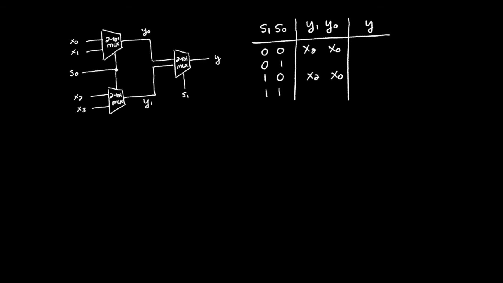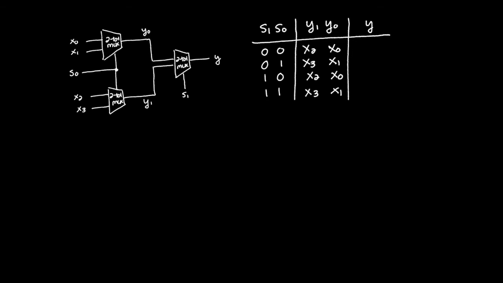And when S0 is equal to 1, by the operation of a 2-to-1 MUX, Y0 will equal X1 and Y1 will equal X3.